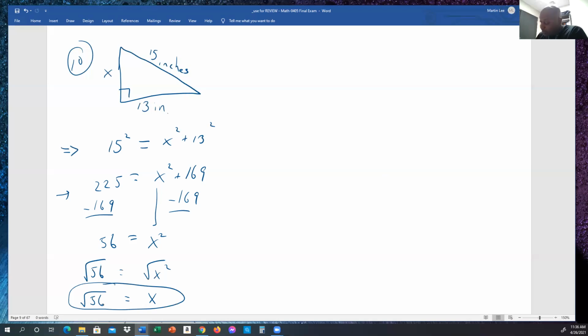If the answer had been something like the square root of 64, then we would have written 8. Or if it had been the square root of 81, we would have written 9. Or if it had been the square root of 4, we would have written 2. But since it was the square root of 56, we just left it as the square root of 56.